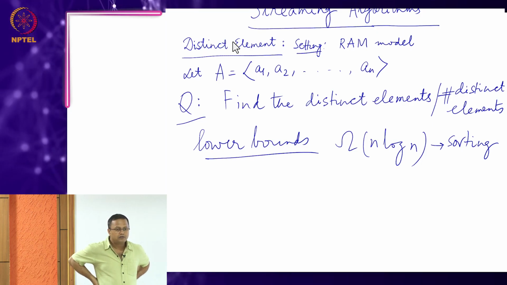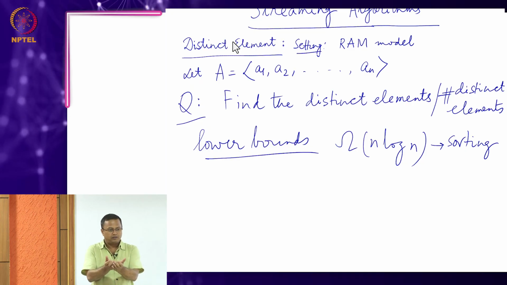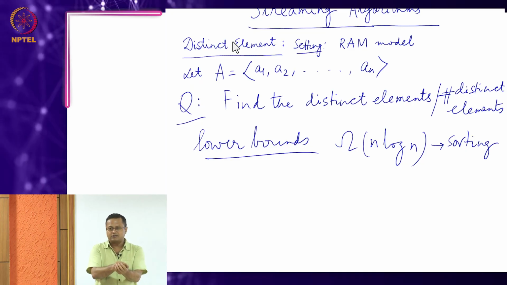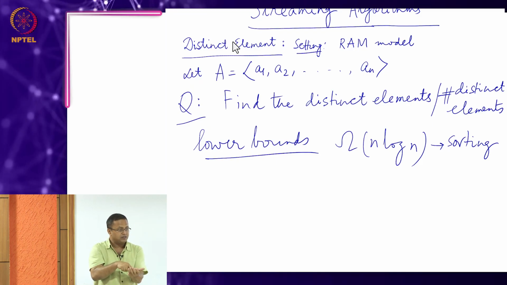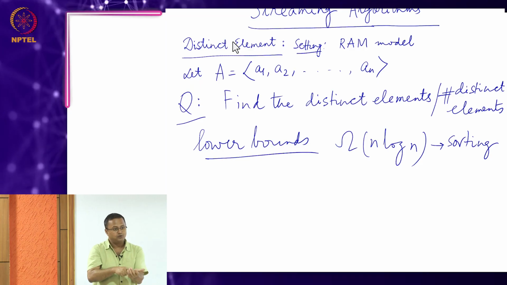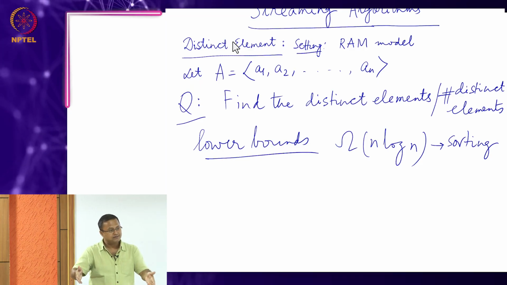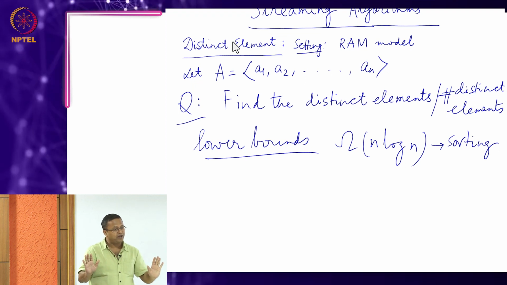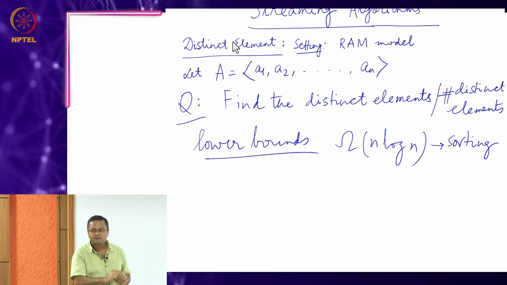How do you sort? Because what is the router doing? The packet comes, sees the destination ID, sends it. Until and unless the router has enough space to hold all of these IDs, there is no way that this router can figure out the number of distinct elements.